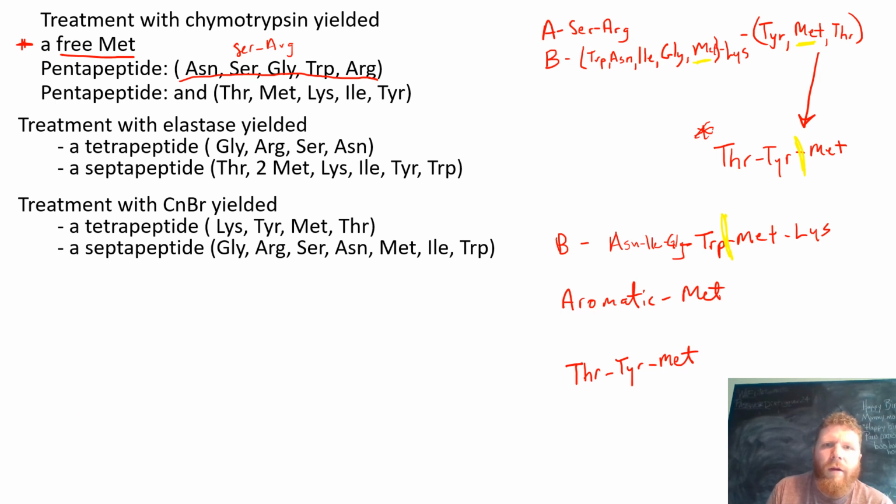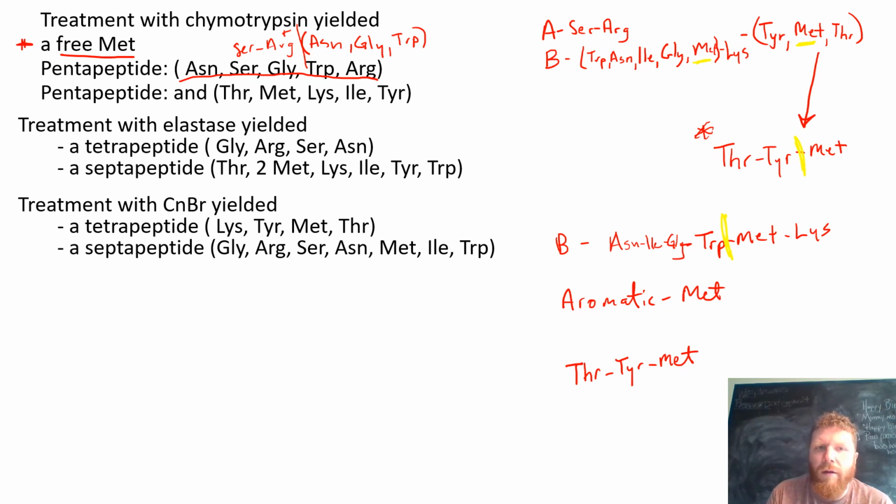Then, since trypsin is going to cut after positively charged residues, we can look at this pentapeptide and rearrange it to say ASN, then GLY, and TRP. Okay, because this is a positively charged residue, trypsin has to cut in this specific location right here.